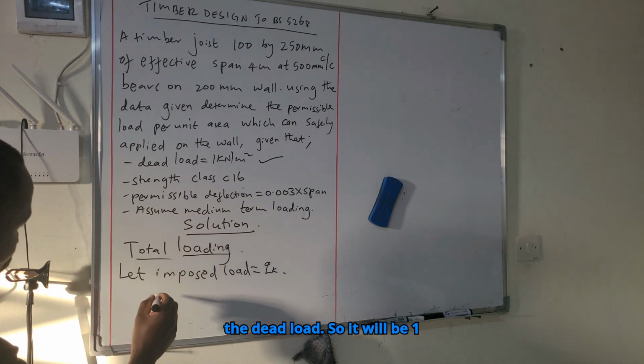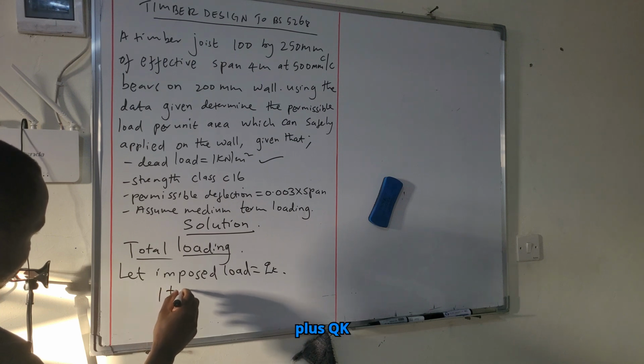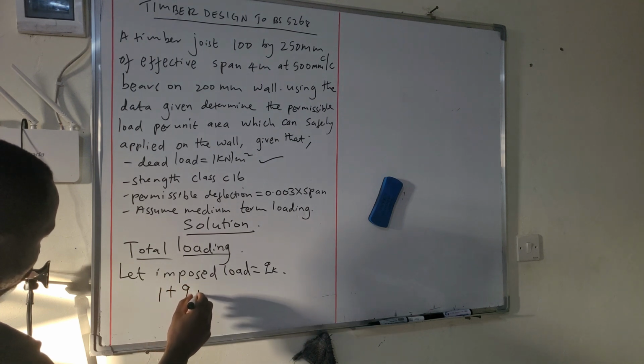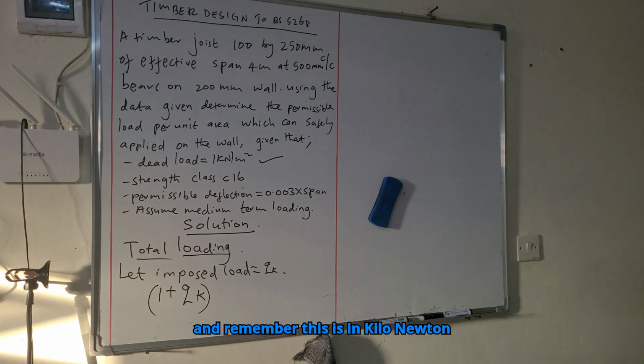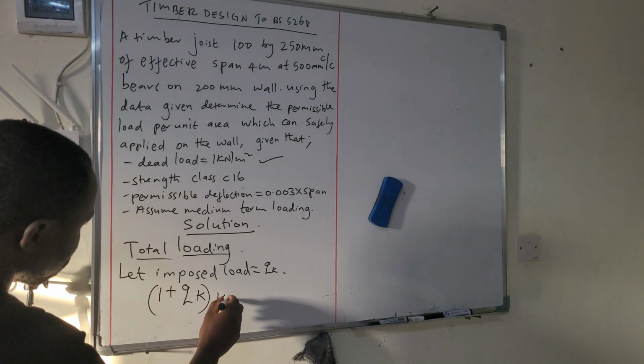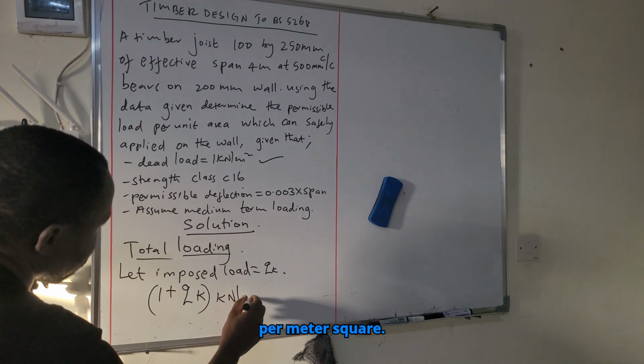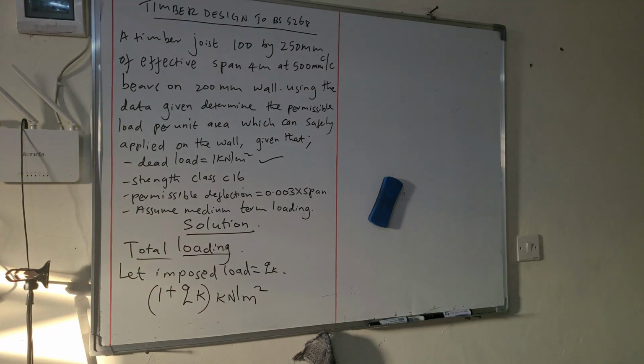So it will be 1 plus Qk. And remember, this is in kilonewton per meter square. So that is our total loading.